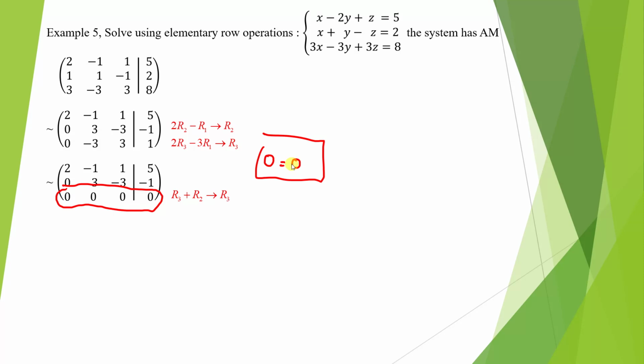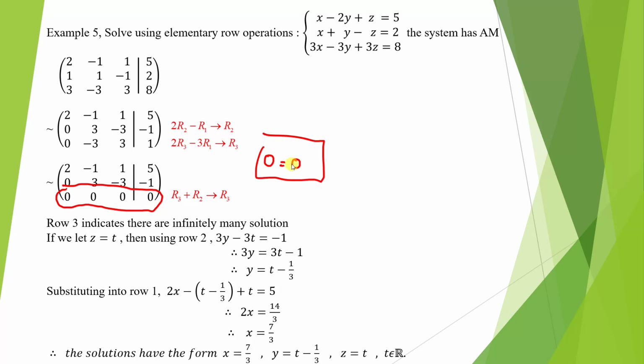Consistent means it has at least one solution: one solution, two solutions, or so on. This is the meaning of our system of linear equations having no solution or at least one solution, using elementary row operations.